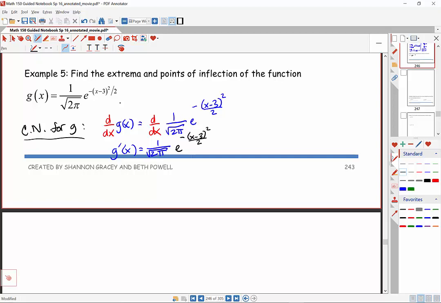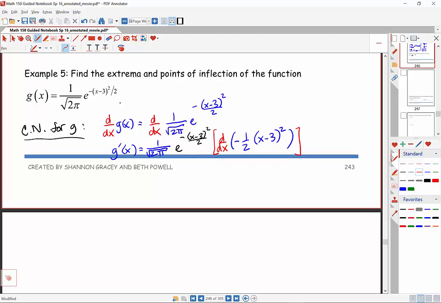And now what we need to find is the derivative with respect to x of that power, which is, I'm going to write it as negative 1/2 times quantity x minus 3 squared. Good so far?